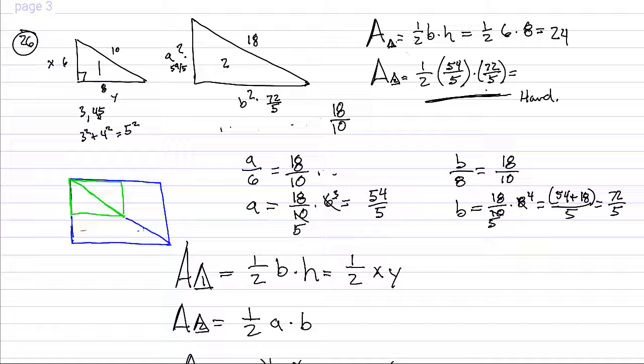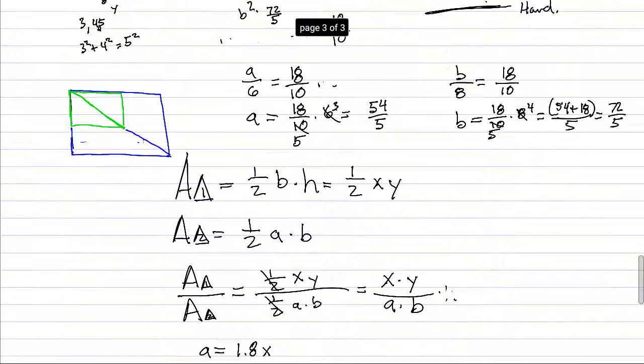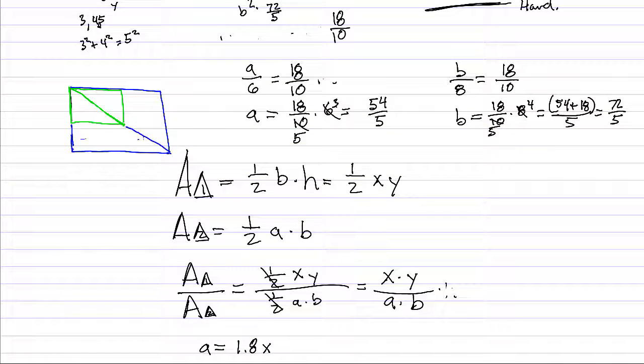But it's probably more instructive, in terms of the ratios, to draw it out and see that this line here is some length of this line here, and this line is related to that line.